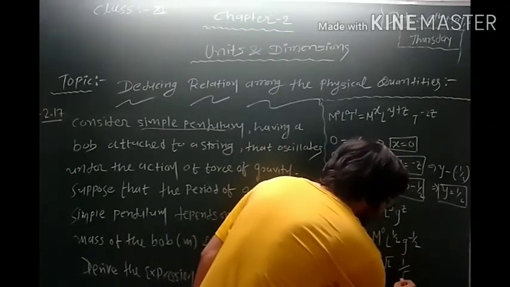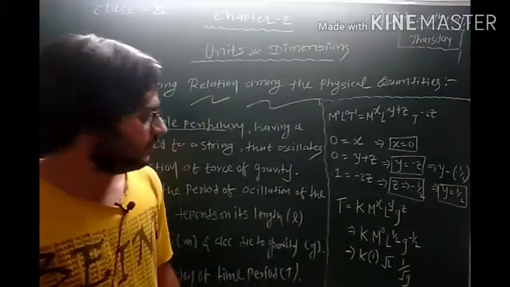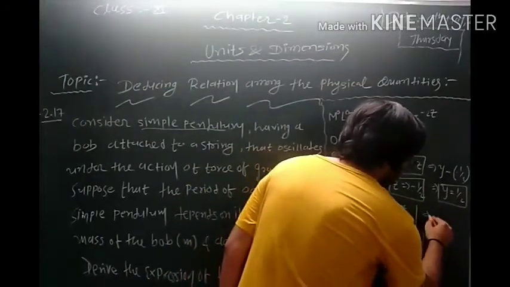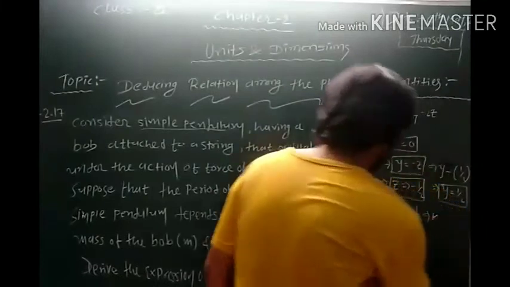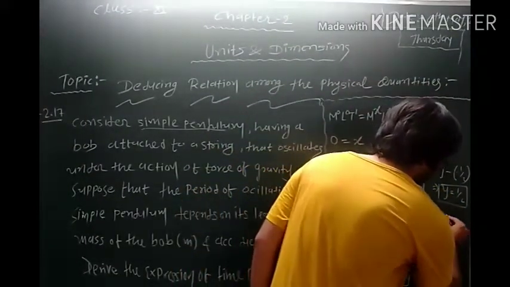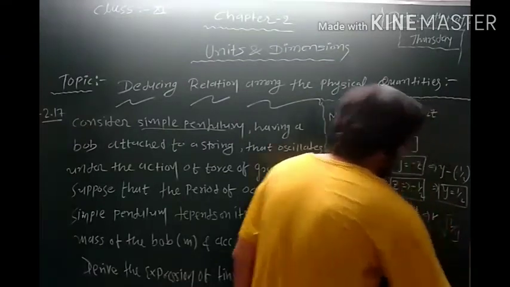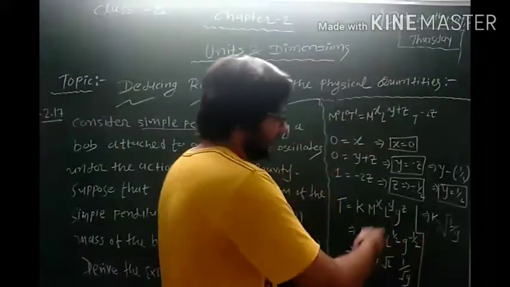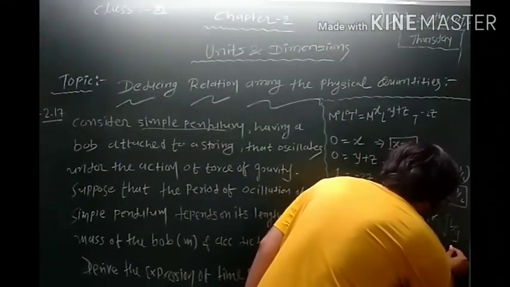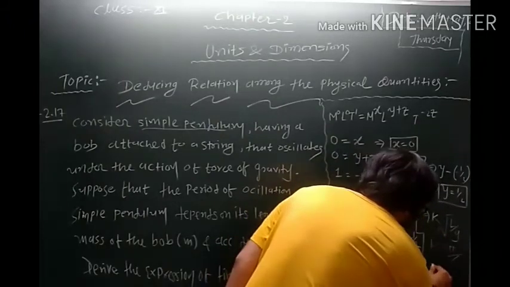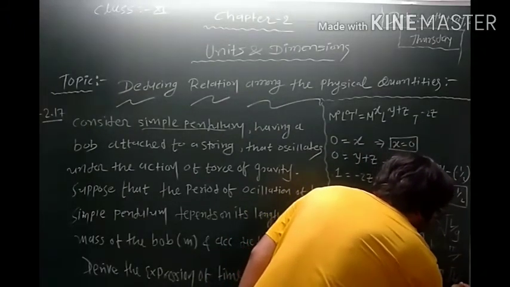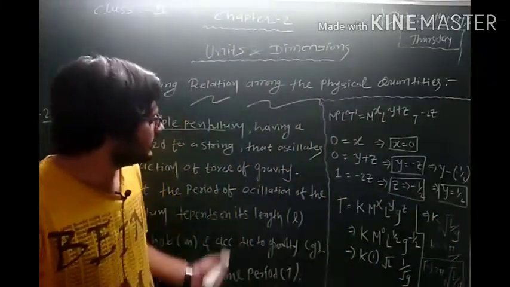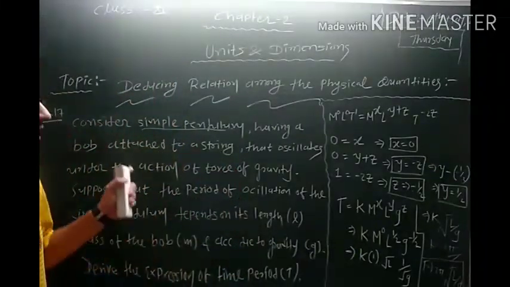So we can write this equation in this form also: T equals K under root of L by g. Now we take K as some constant, like 2 pi. So finally we get the equation T equals 2 pi under root of L by g. That is our time period of the oscillation of the bob under the acceleration due to gravity of the earth.